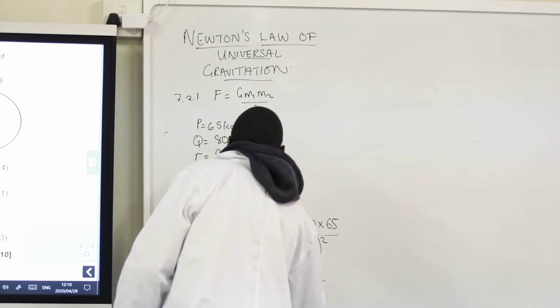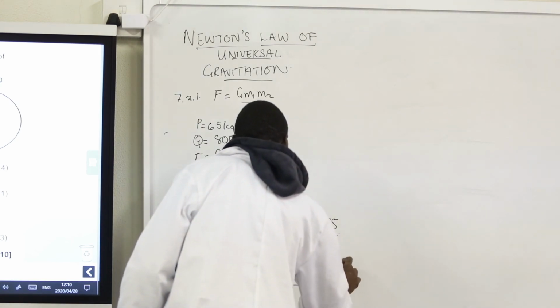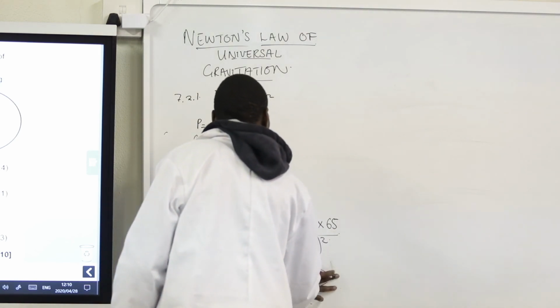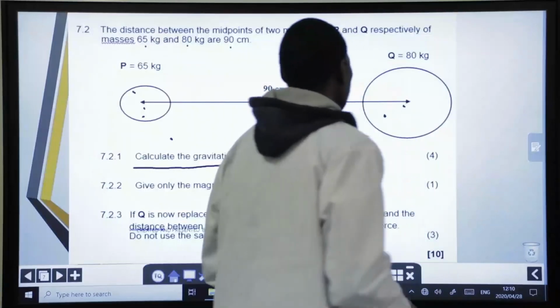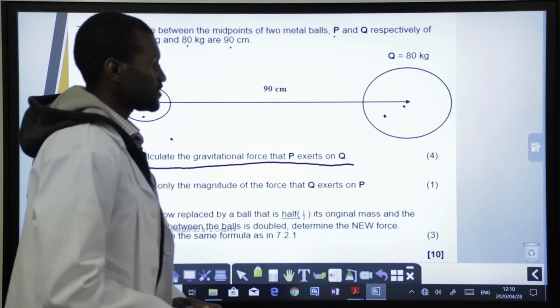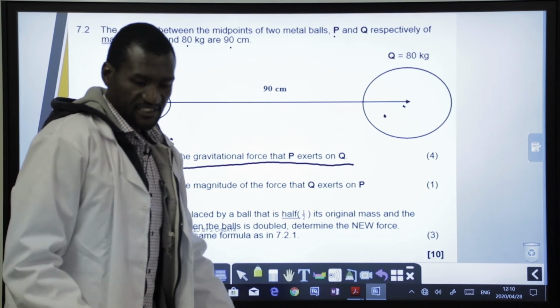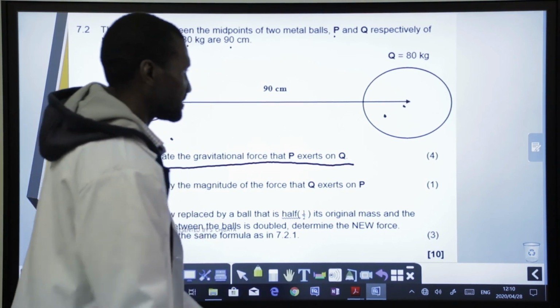Try that on your own. What will be the force? Remember, the force is in newtons. The force is in newtons. Let's see if you come up with the answer there.